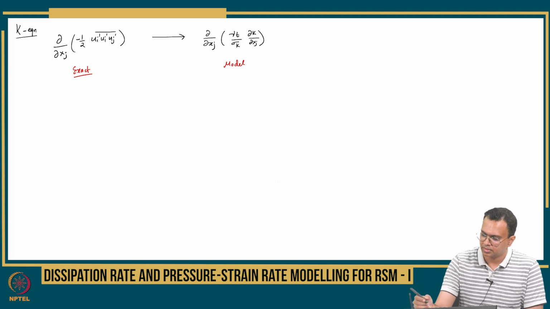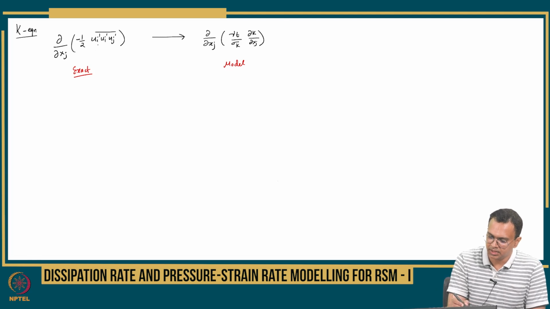Fine. So here, this part, ui prime ui prime, that is a scalar, sum of three terms. So this is essentially diffusion in three different directions. Turbulence is diffusive, so it transports in all three directions.